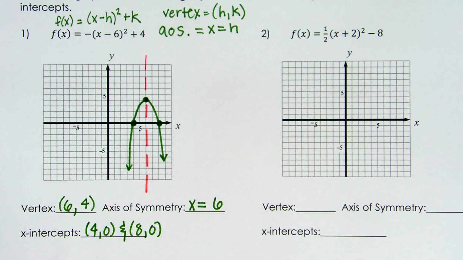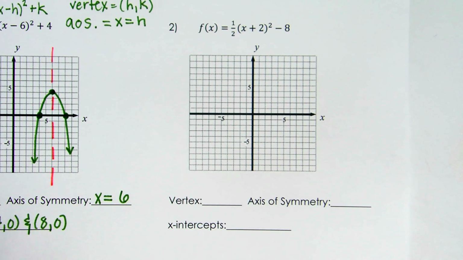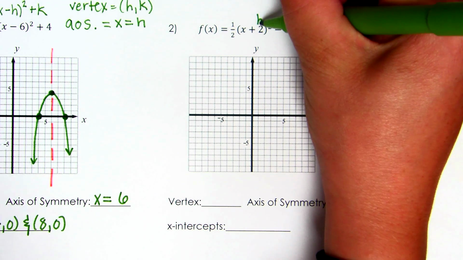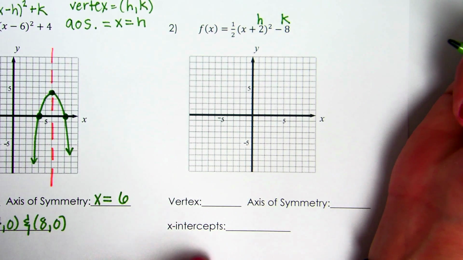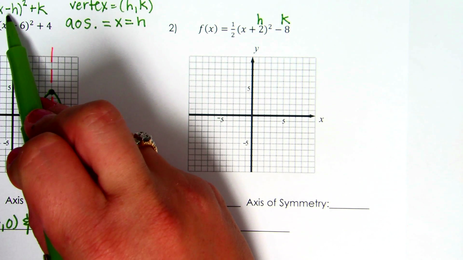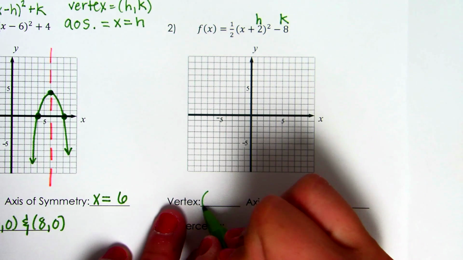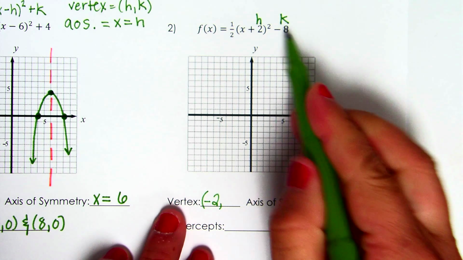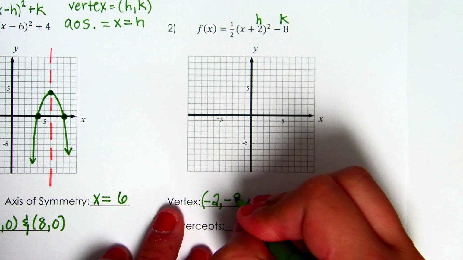All right, number two, I have a vertex at (h, k). Remember, h is the opposite sign, k is the same. So plus 2, except the equation is supposed to be minus, so h is actually negative 2, and k is negative 8.